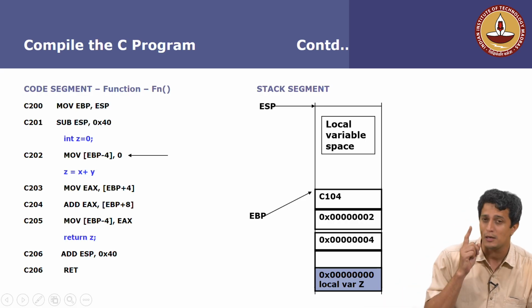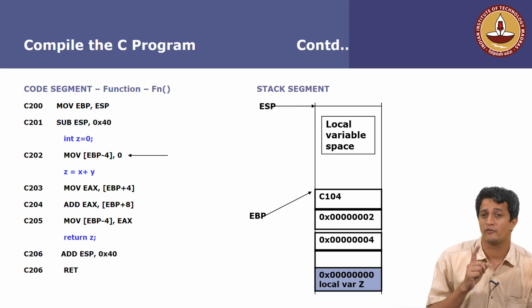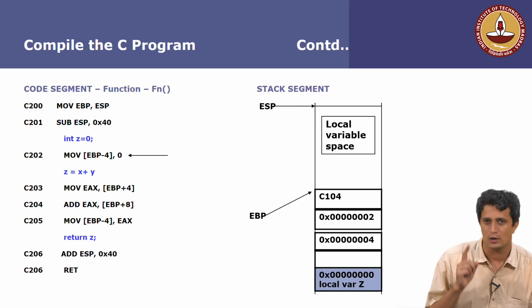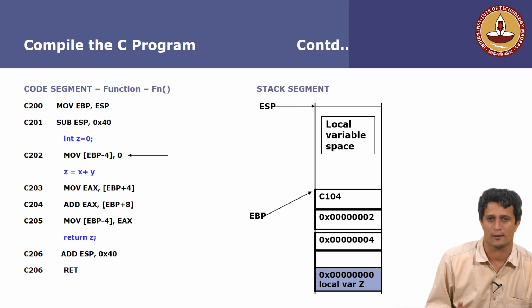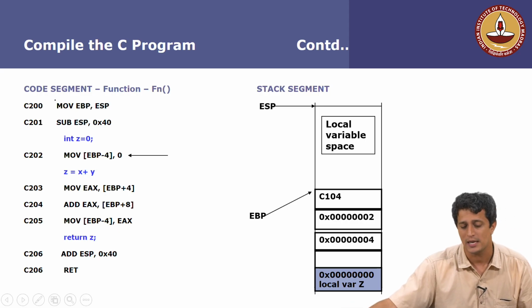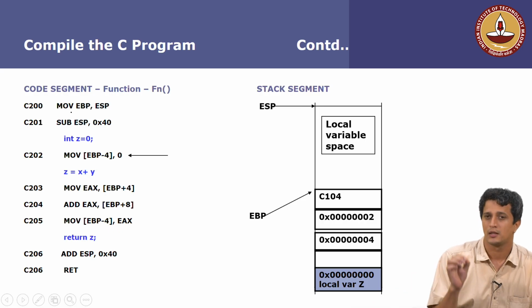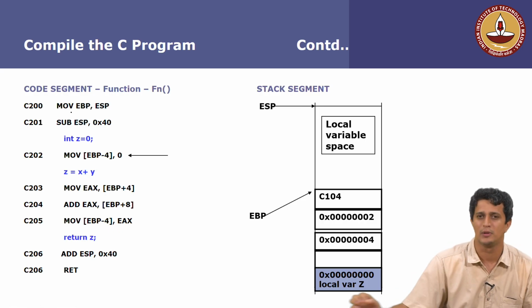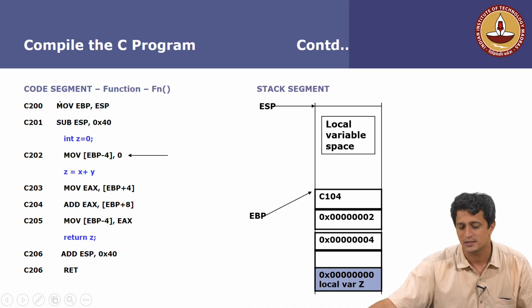Note that even in main, the contents of EBP minus 4 referred to the local variable z. But here I am now able to access a different variable because I have moved my EBP to ESP as my first instruction. So in some sense, the context for local variables is set by this precise instruction, move EBP, ESP.